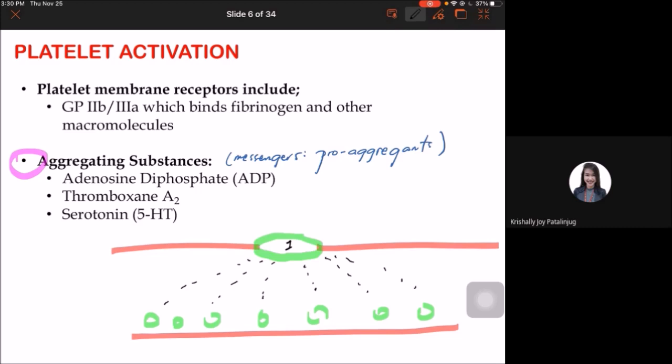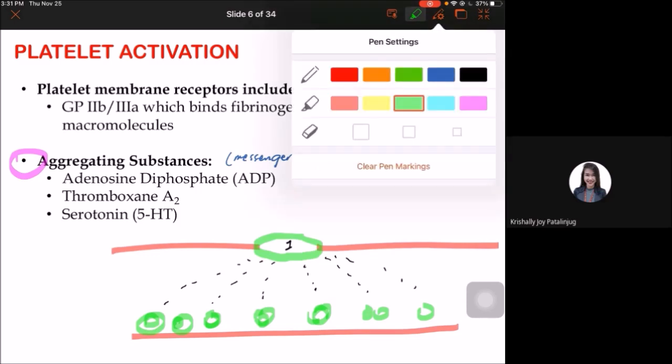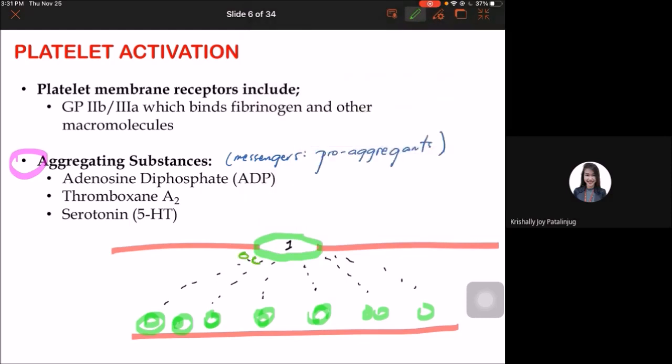And kapag na-sense na ng mga ito ang message ng platelet 1, that will automatically adhere na rin. Okay? They will then adhere na rin sa mismong site. Okay? So, ayan.